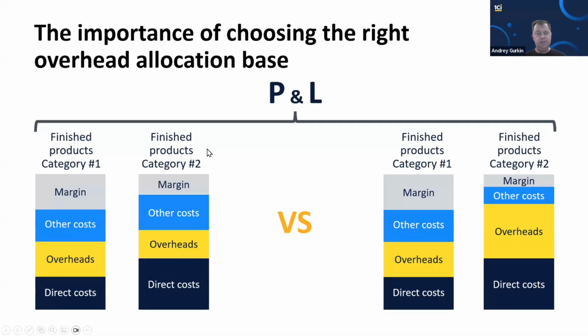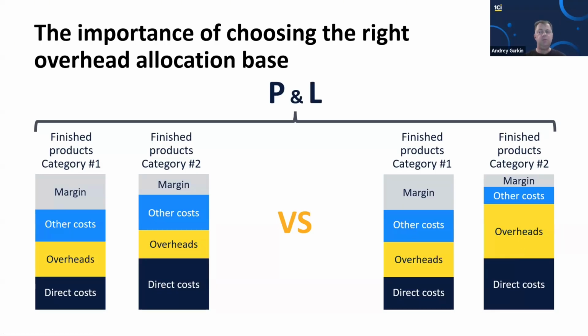You can see that depending on which exactly type, either normal costing or actual costing, and inside this actual costing, what kind of allocation basis, there will sometimes be a huge difference.